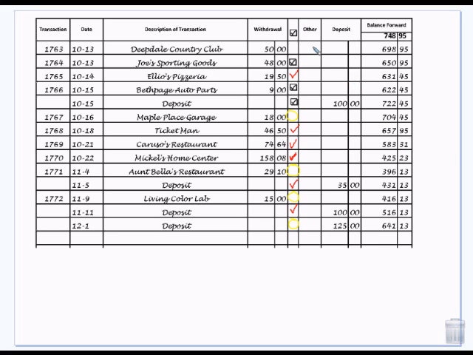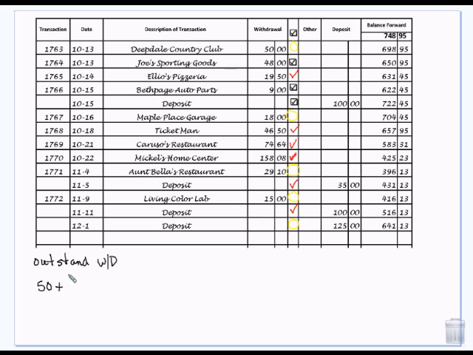So what I do is, the first thing I want to do is I add up my outstanding withdrawals. Okay, so I have, oh, also I forgot this one up here, Deepdale Country Club. So I look at everything that's not checked off in the whole register, and I look at all the withdrawals and I add them up.